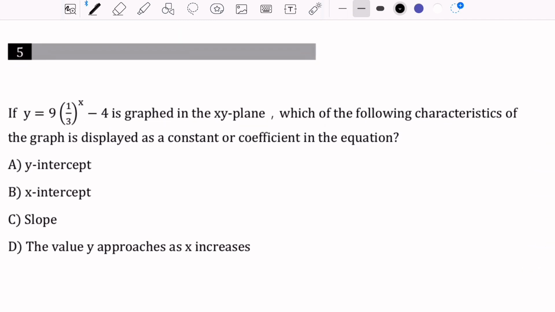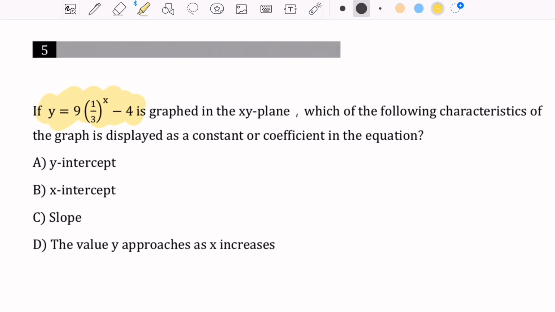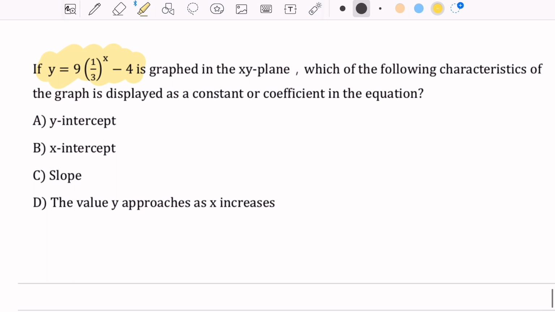Question 5. If y equals 9 times (1 over 3) to the x, minus 4 is graphed in the xy plane, which of the following characteristics of the graph is displayed as a constant or coefficient in the equation?